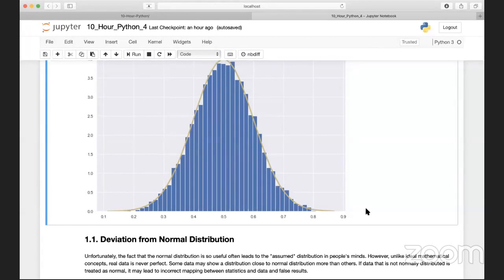In many areas such as psychology, finance, math, data are closely distributed to normal. You can find normally distributed data in nature as well. So that's why it's the distribution that we come across a lot.